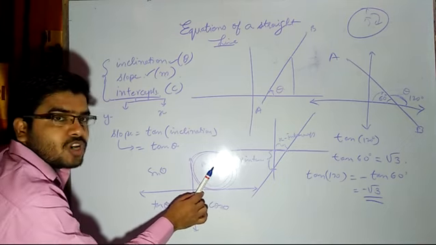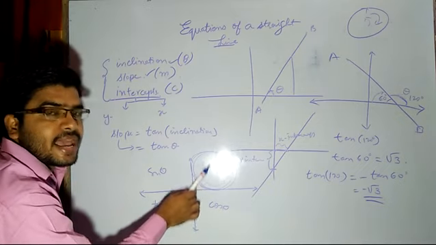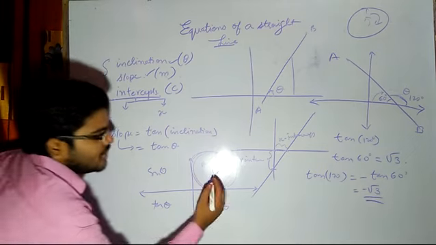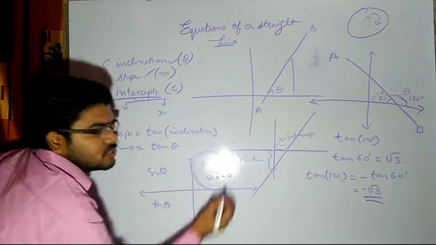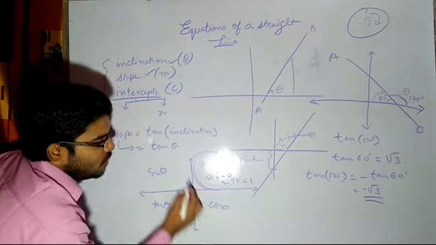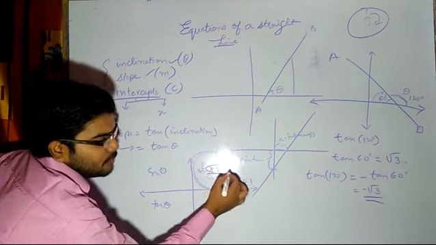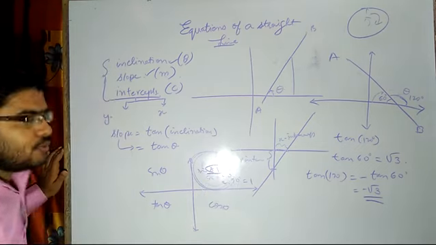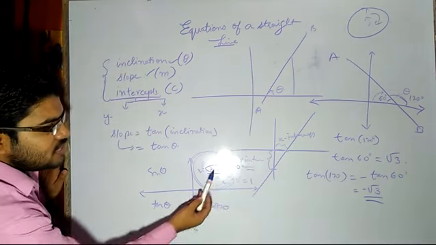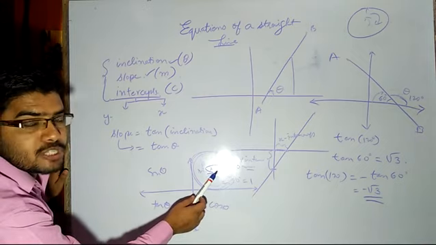Sine is positive, cos will also be positive, tan, cosec, sec, cot, everything will be positive here. Like sine of 0 is 0, sine of 90 is equal to 1. If I say sine of 89, then we have to see the table and find the value. It will be nearby 0.9999. So all the numerical values of sine from 0 to 90 will always be positive.